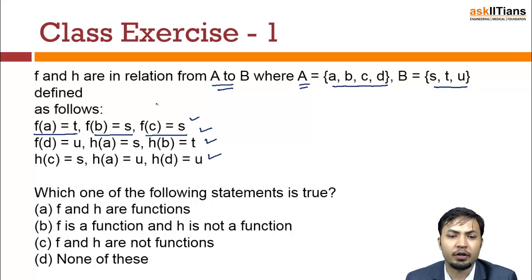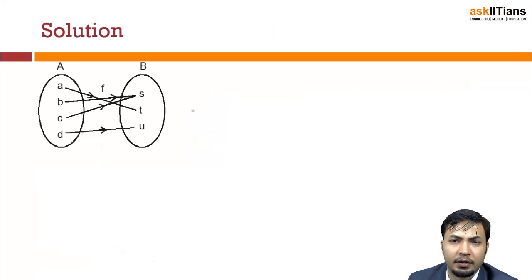Now, if I look at the question, how do I solve it? The first thing that we are going to do is have a look at the graph. From this, I draw the map for A and B, range and domain. From this, I gather that a has t, b and c have s, d has u.